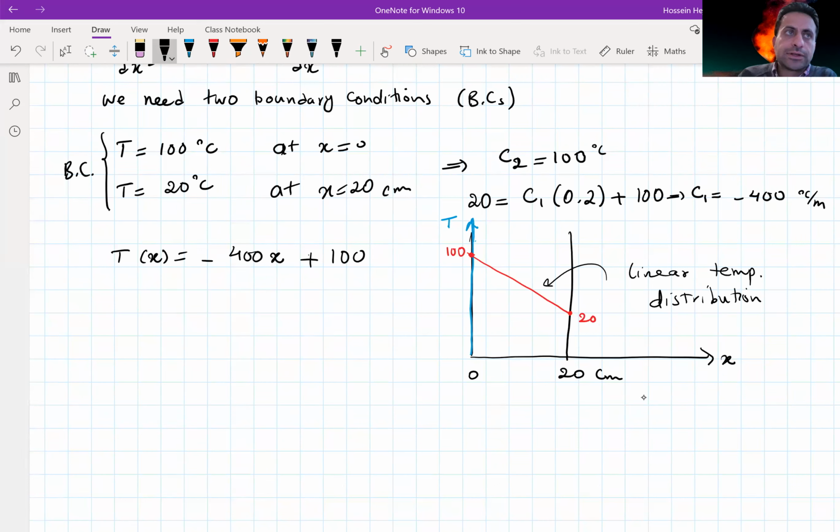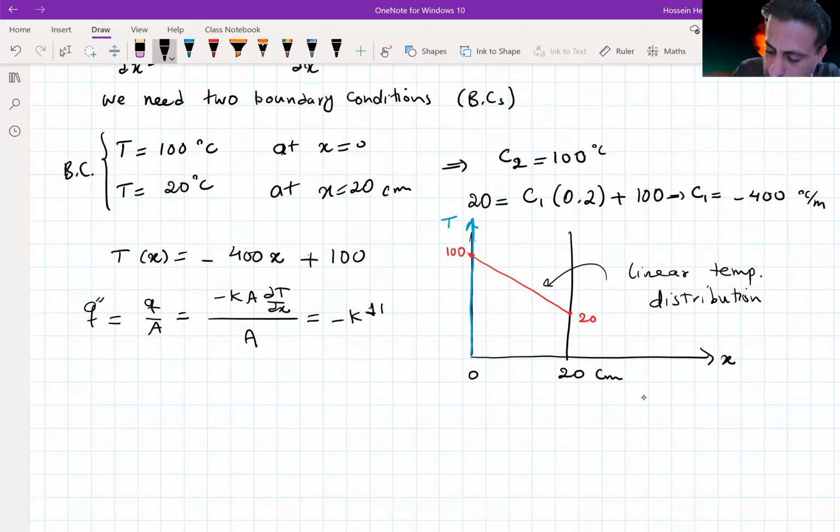Let's find out what the flux is. Q double prime, if you recall, is Q over A, which is minus kA dT/dx, using Fourier's law, divided by A, which is minus k dT/dx.